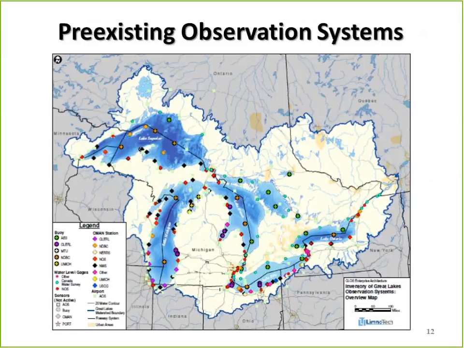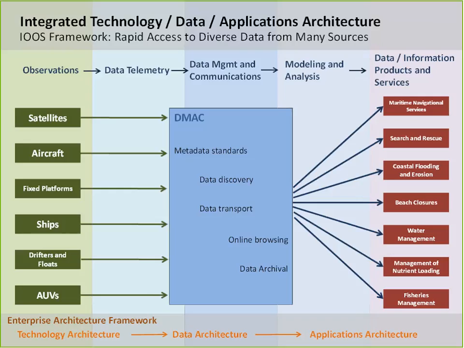So here's what we had before GLOS came along. It's hard to read the legend, but each color is basically a different observation system for real-time data monitoring that existed in 2005 before the architecture for GLOS was developed. And you'd have to go to each one separately to do analysis, pulling all the data together any way that you could.